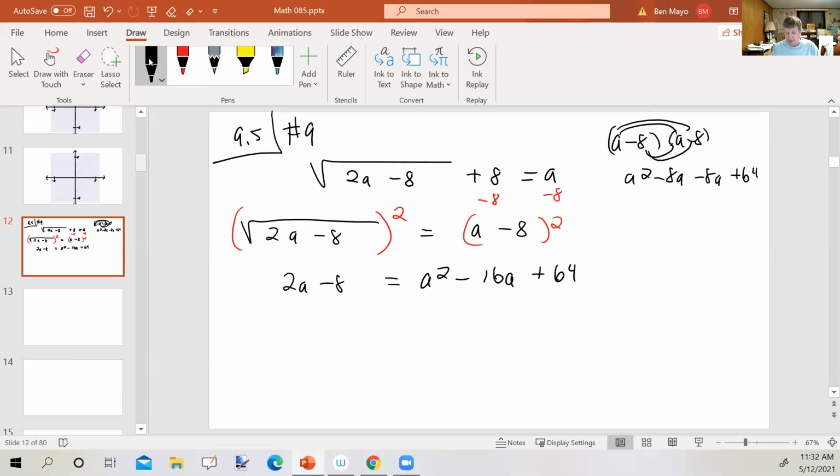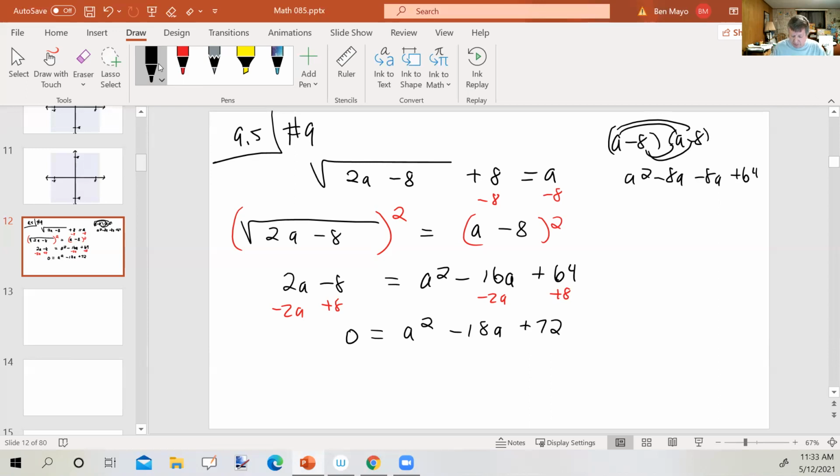So foiling together the a minus 8, the quantity squared, we get a squared minus 16a plus 64, right? Okay, so this is a second degree equation. So I'm going to put everything over the right-hand side so that my leading coefficient will be positive. So I'm going to subtract 2a from both sides, and I'm going to add 8 to both sides. This gives me 0 equals a squared minus 18a plus 72.